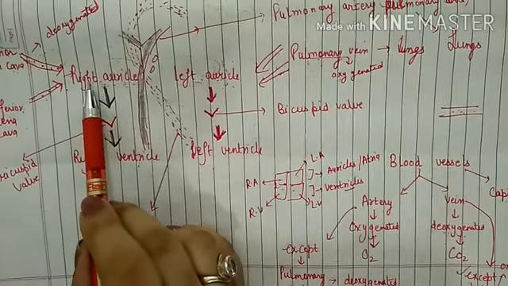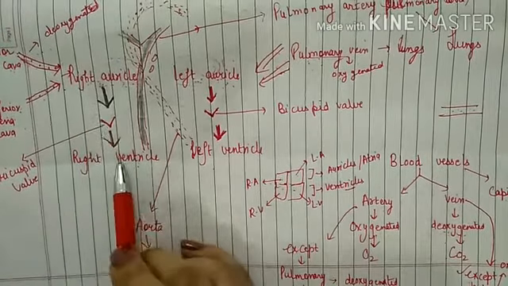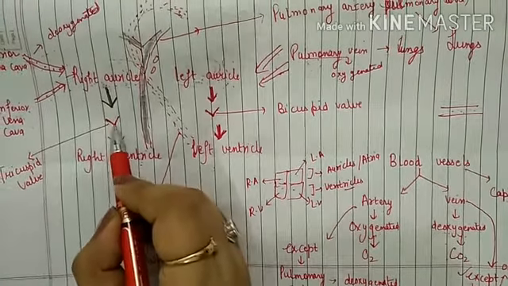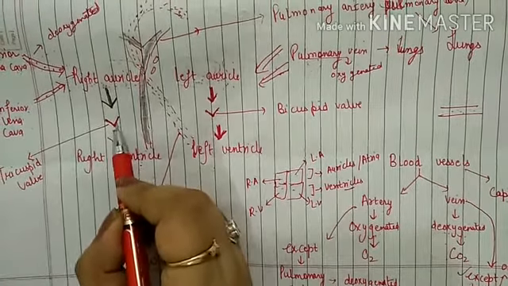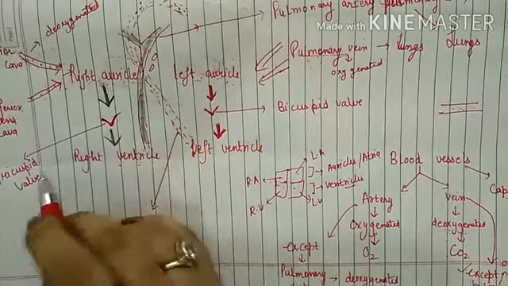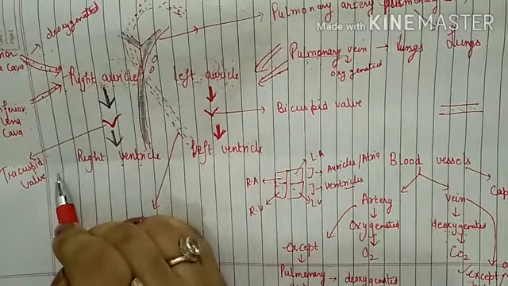So the right auricle will pour the blood into the right ventricle, and there is a valve present in between the right auricle and right ventricle. That valve is known as the tricuspid valve.